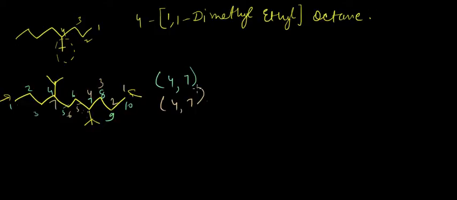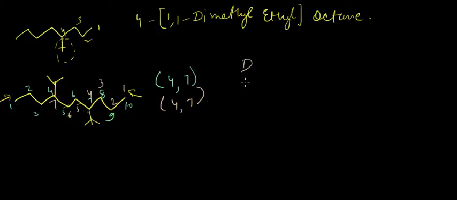So what would be the nomenclature for this compound? At the 4th position it will have a dimethyl group, right? And at the 7th position it will have a trimethyl group.